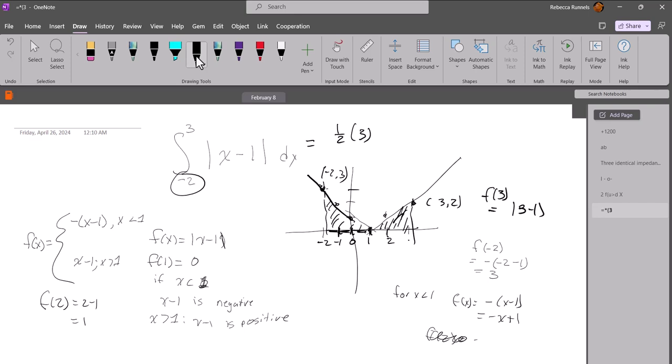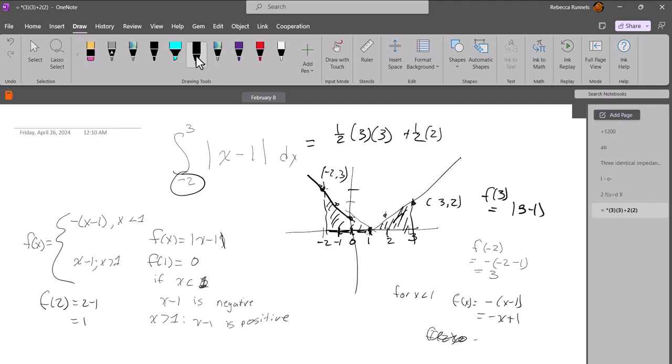And the height is also 3. Now, what about on the other side? That base goes from 1 to 3, so 2 units long. And at 3 we had, what value do we have? f of 3, right here, 2.